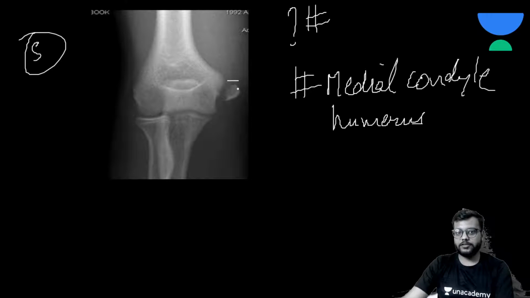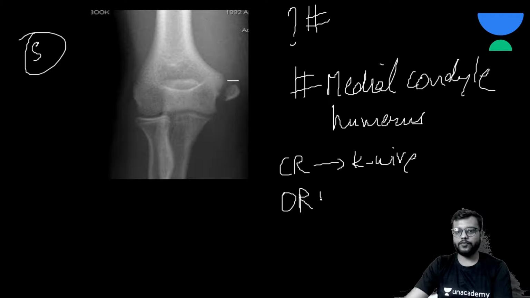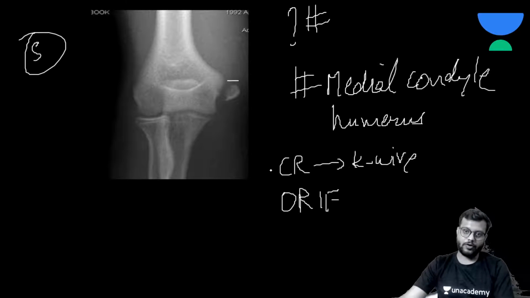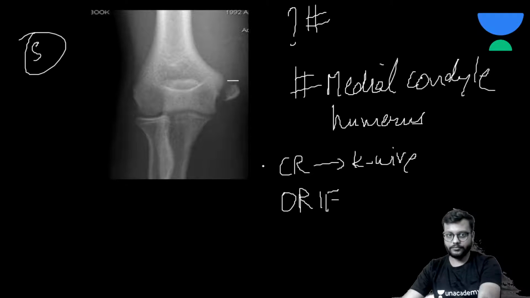And if there is displacement like this, you have to fix it either by closed reduction and then percutaneous K-wire, or you have to go for open reduction and internal fixation. Okay.